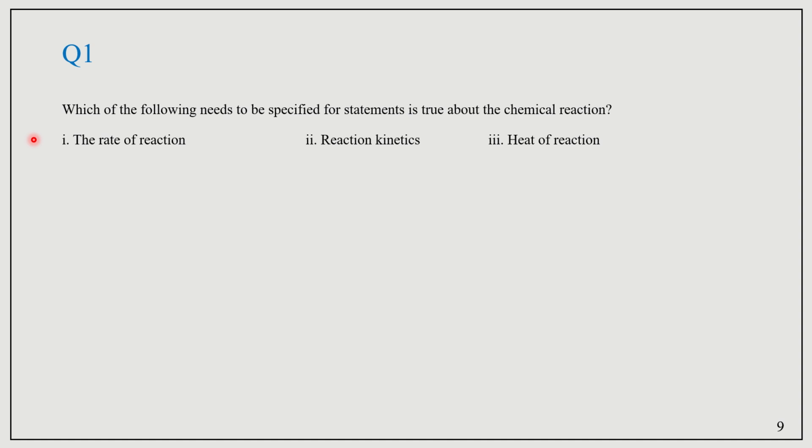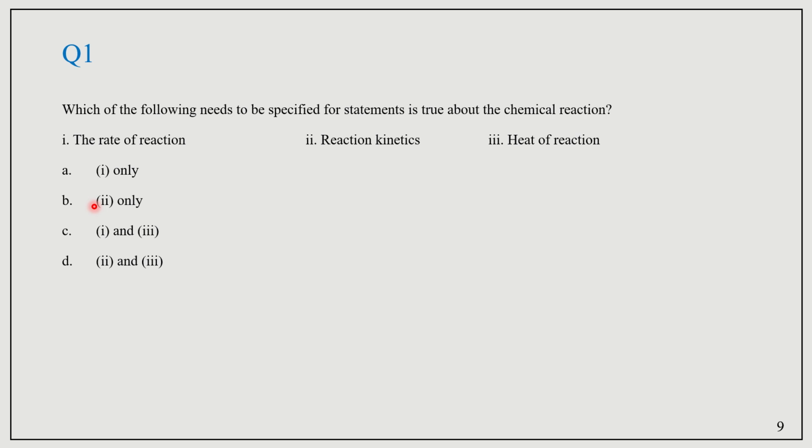We'll see the statements first. First one is rate of reaction, second one is reaction kinetics, and third one is heat of reaction. Option A: 1 only, option B: 2 only, option C: 1 and 3, option D: 2 and 3.